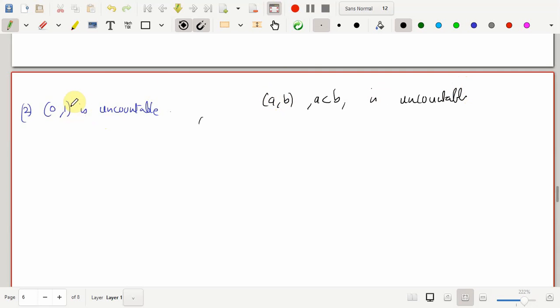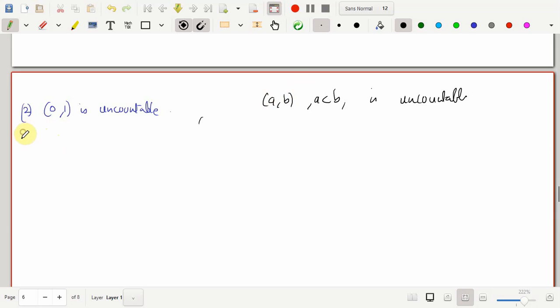So we will prove that for (0, 1), and the result can be generalized for any open interval, as we know that there is a bijection between (0, 1) and any open interval of the form (a, b), as well as a bijection from the open interval to the closed interval [a, b]. So we first write down the proof for this.